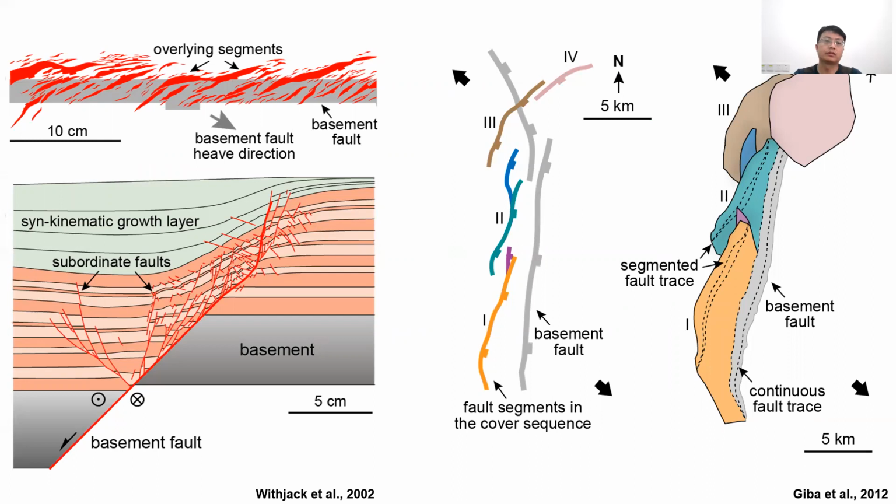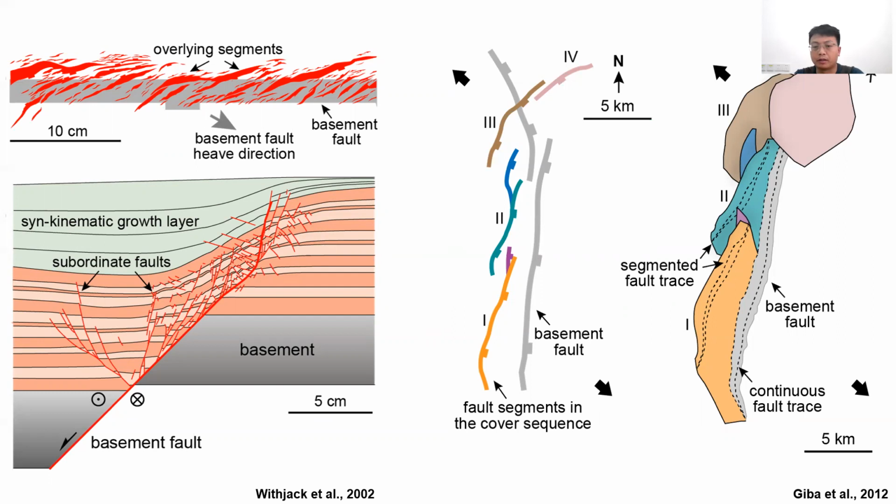But with continued extension, the basement fault will finally propagate upwards and form a continuous fault, leaving the oblique splaying faults activated in the footwall. So this is actually comparable to what we're showing in our study. All these splay faults will gradually have diminished displacement, and the major fault becomes dominant.